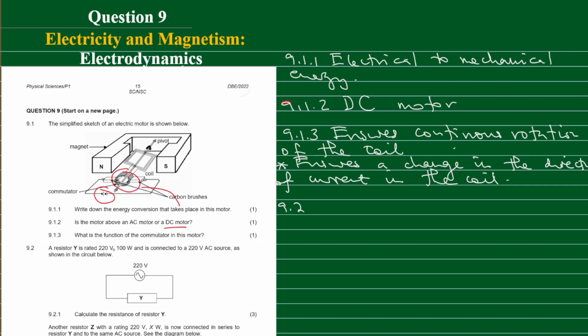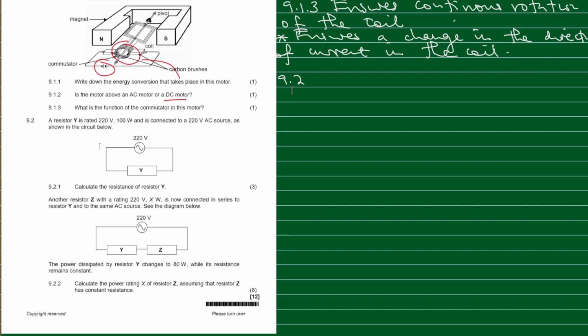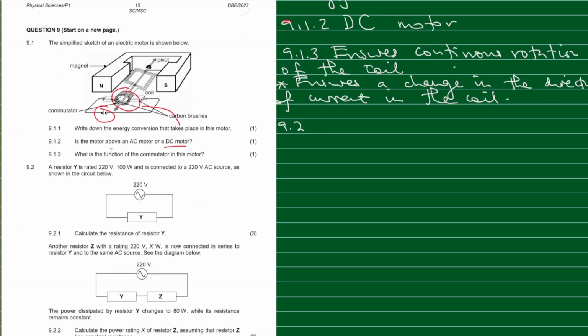A resistor Y is rated 220 volt, 100 watt, and is connected to a 220 AC source as shown in the circuit below. So we are given the circuit over here, and then we are required to calculate the resistance of resistor Y. So here we are given two variables, which is potential difference and power.